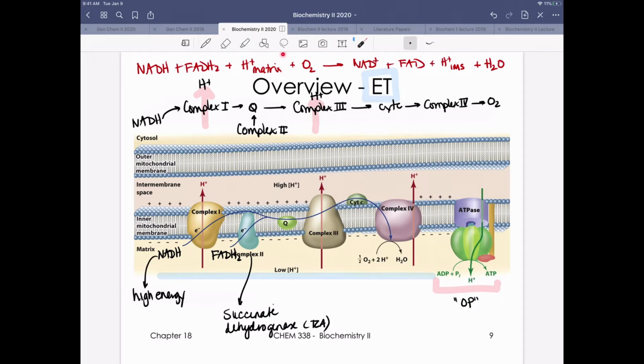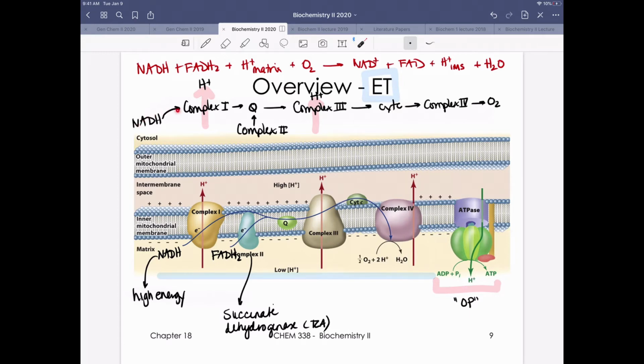The purpose of moving those electrons through the electron transport chain is to translocate protons from the matrix into the intermembrane space. And then we also see that oxygen is going to be the final electron acceptor, and it's going to be reduced to water. So that's an easy way to remember the overall equation for the electron transport chain.